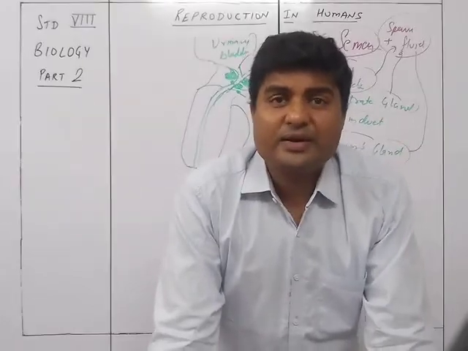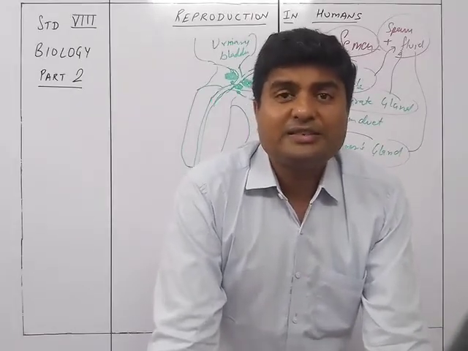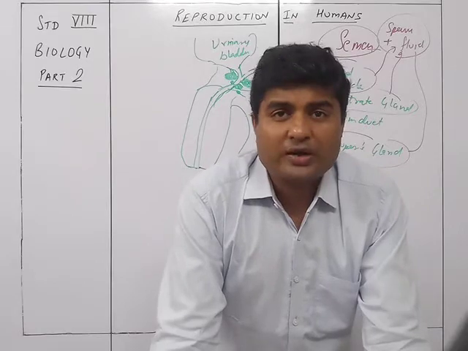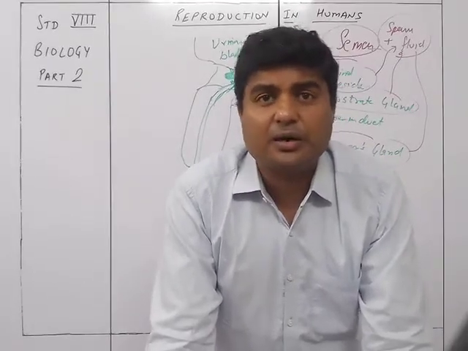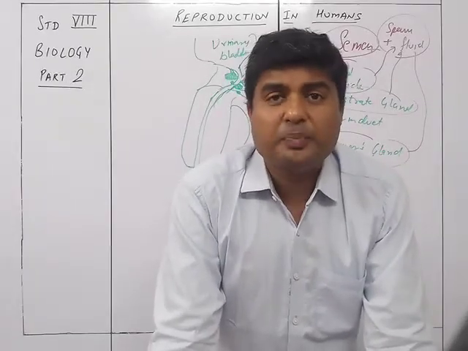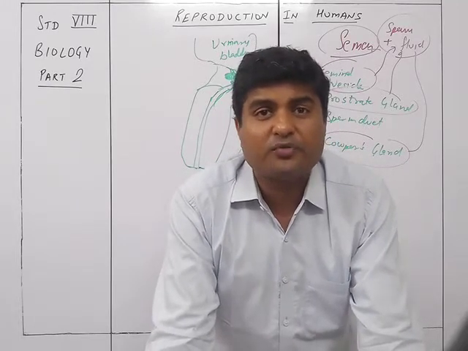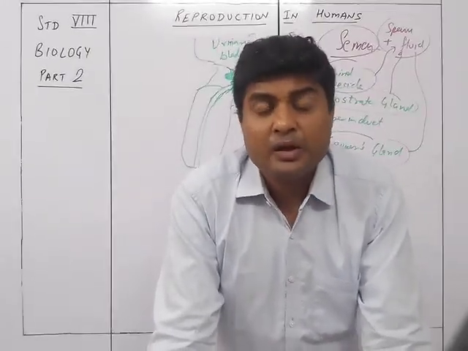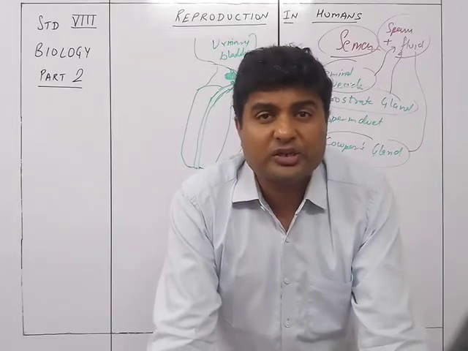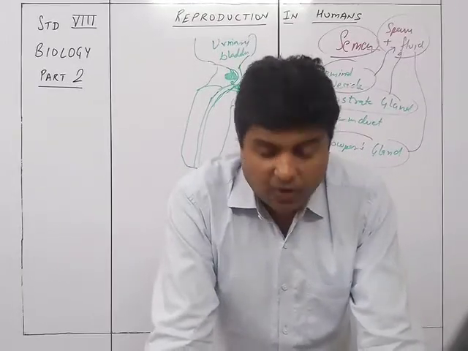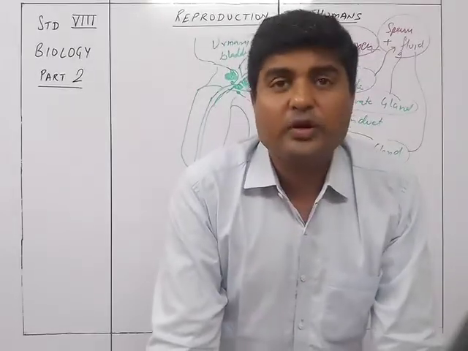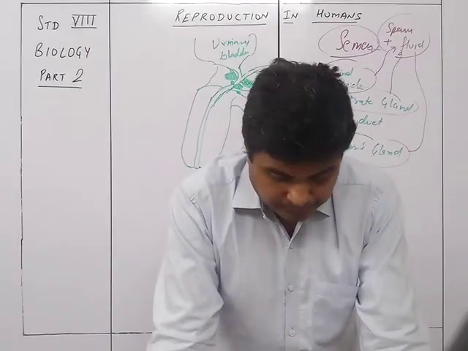So the reason for the testes to be in a scrotal sac and not inside the human body is that the sperm requires a temperature 2 to 3 degrees less than the body temperature for its production and maturity or development. So that's why it is there in the scrotum.